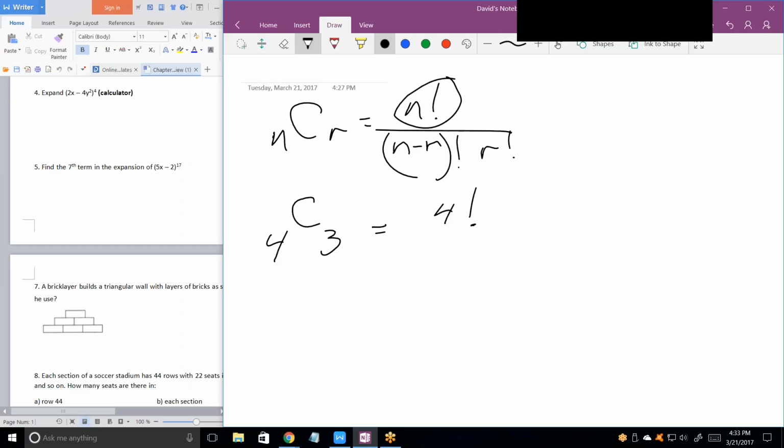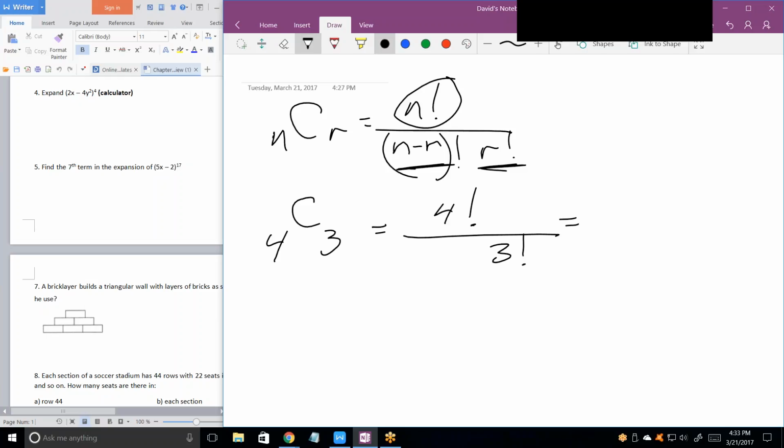What goes in the denominator? 3 factorial. Well, what's n minus r? 1. Okay, so that's 1 factorial times r factorial. Now, 1 factorial is 1, so I can erase that.